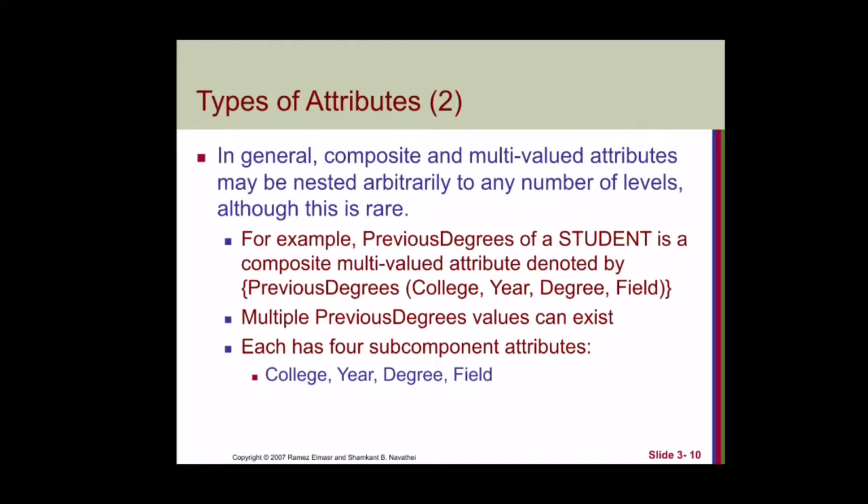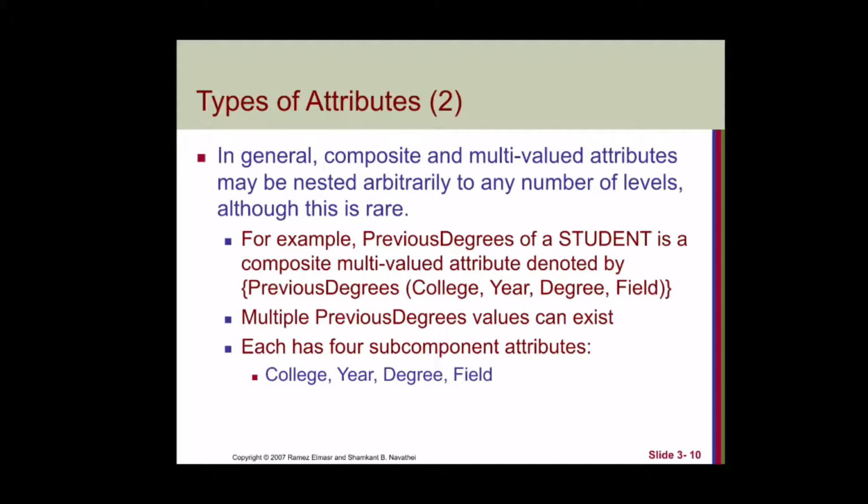In general, composite and multi-valued attributes may be nested arbitrarily to any number of levels, although this is rare. If you consider the example of the previous degree of a student, it is both multi-valued as well as composite, right? If it is both multi-valued and composite, how are we going to denote it? We will have an outer layer which is previous degree, with curly braces, right?